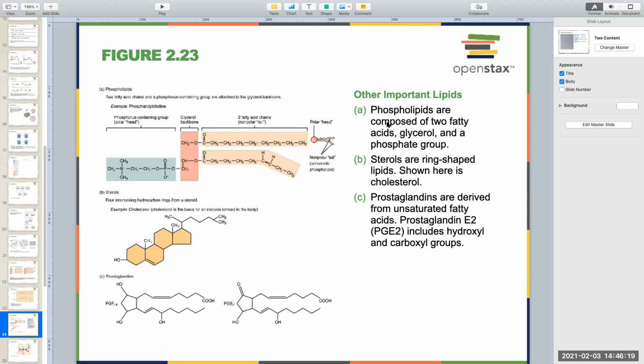Now we will move into our phospholipids. Phospholipids are one of my favorites because we talk so much about this in the upcoming chapter. Phospholipids are composed of two fatty acids, a glycerol, and a phosphate group. What I want you to look at is this molecule here. It looks like a sphere with two tails.